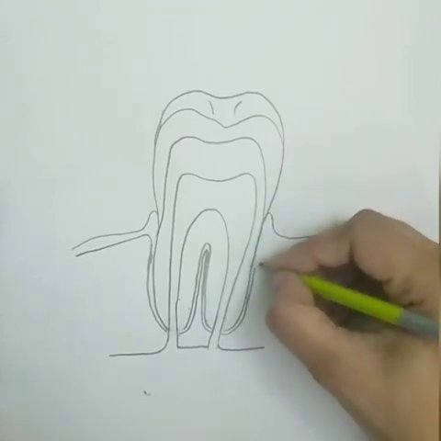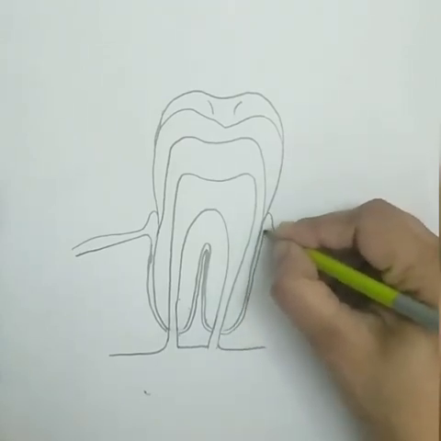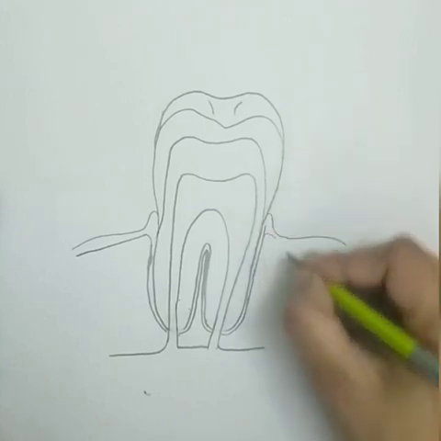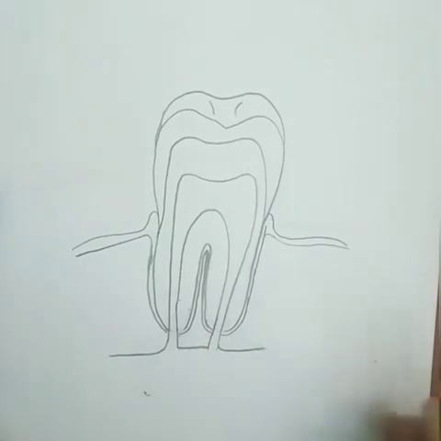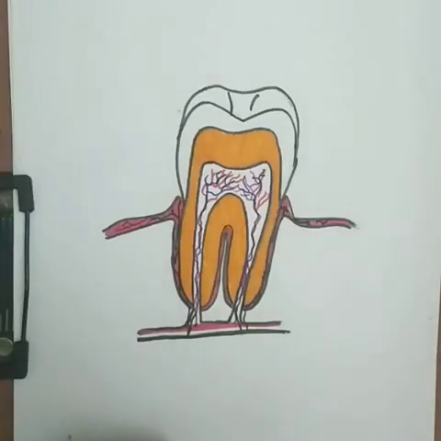This is the cementum part, which helps a tooth root to get fixed in the jawbone. So this is our tooth structure ready. Now we'll color it.